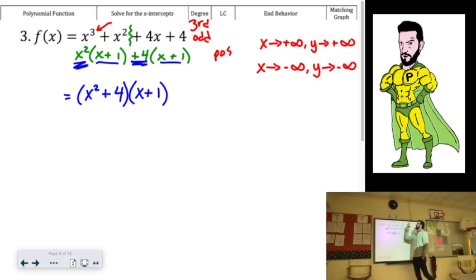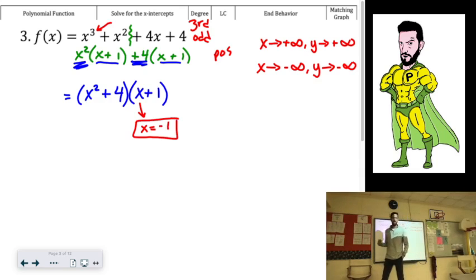The only thing we haven't done is solve for the x-intercepts. I see this x plus 1, which means x equals -1. And it has a multiplicity of 1, which just means it's going to cross through at -1. Now here we'd have to solve the equation x² plus 4 equals 0. We're going to have to subtract the 4, which will give us x² equals -4. And then we have to square root both sides.